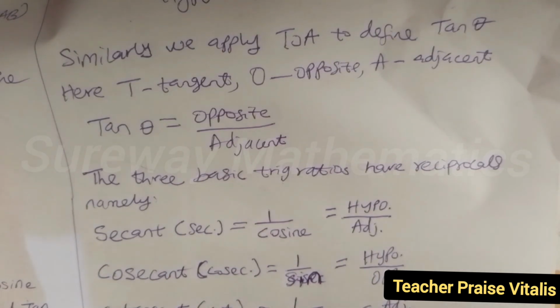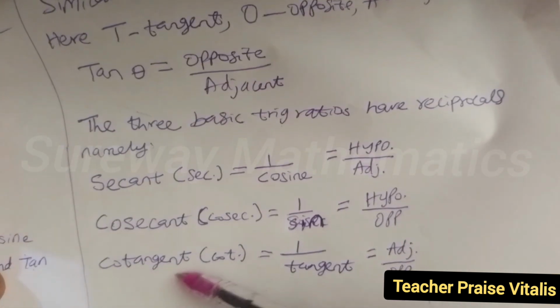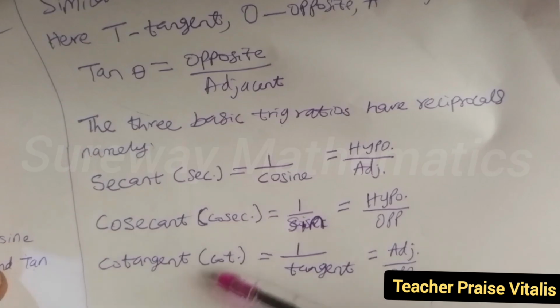So the reciprocal of sine is hypotenuse over opposite. The next one is cotangent, in short cot, C-O-T, which equals 1 over tangent. And tangent, we know, is opposite over adjacent. So the inverse of tangent is adjacent over opposite.